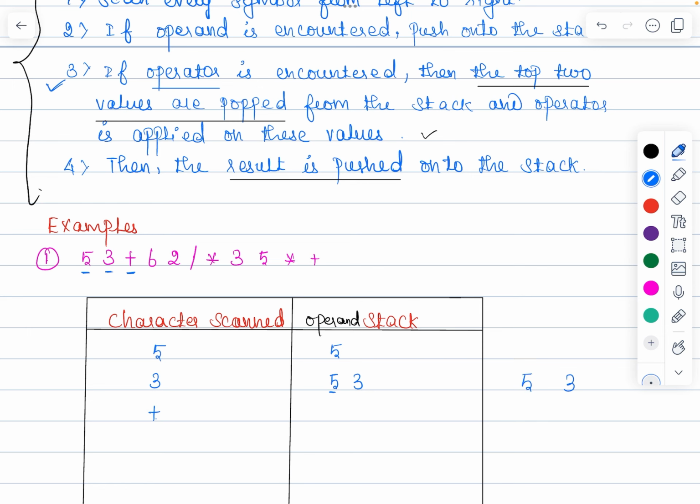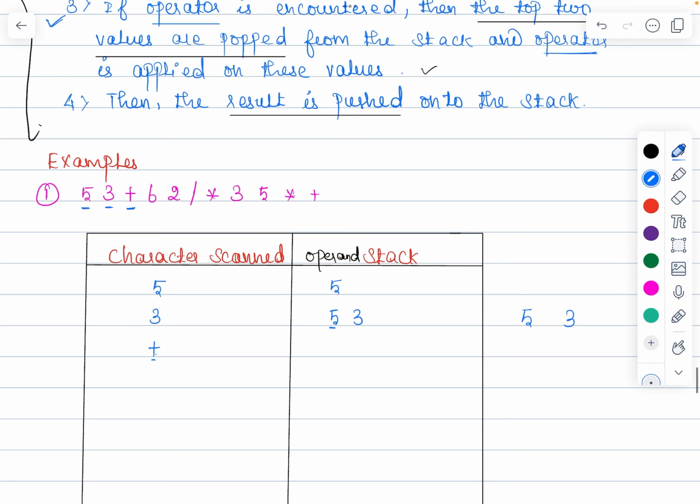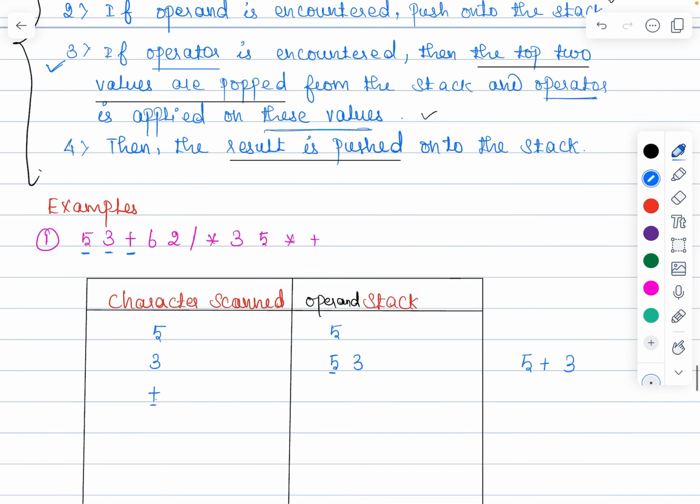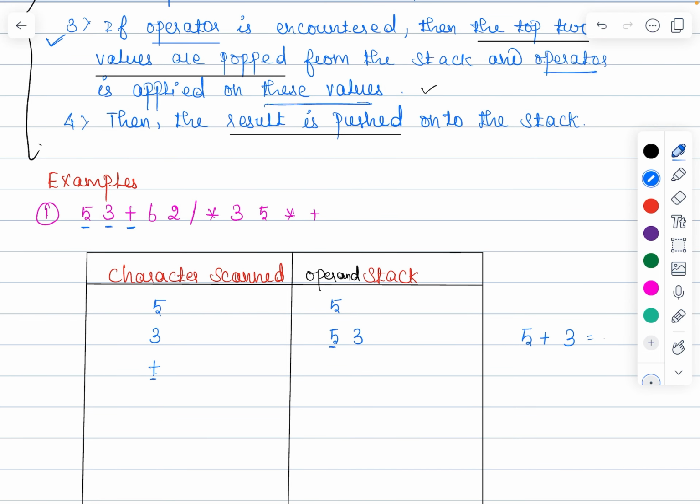The current operator, plus, is applied on these values. 5 plus 3 is 8. After applying the operator on the values, the result is pushed onto the stack.